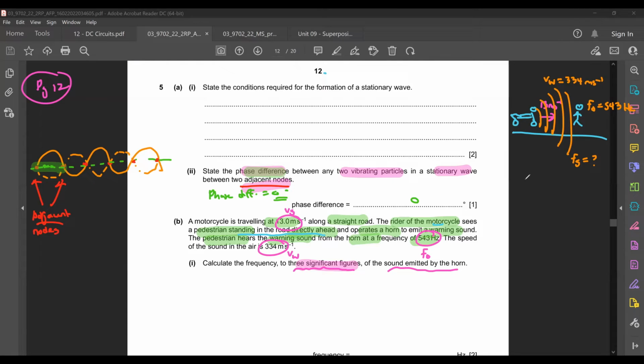So in my case, this one is pretty straightforward. You are moving towards the observer. This one will mean your f0 is more than your fs, your source frequency. So observed frequency would be vw over vw minus vs, times fs. This is something that you guys would have remembered from your wave chapter.